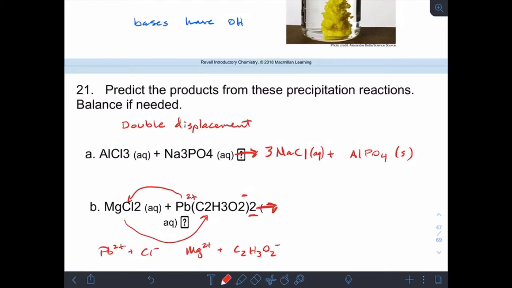So my lead is a 2 plus, so that means that I need 2 chlorines to go with it. Okay, and then my acetate is a 1 minus, and my magnesium's a 2 plus, so I need 2 acetates. C2H3O2, 2. Okay.